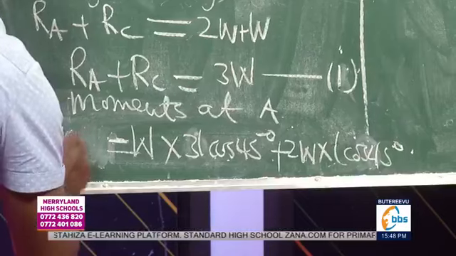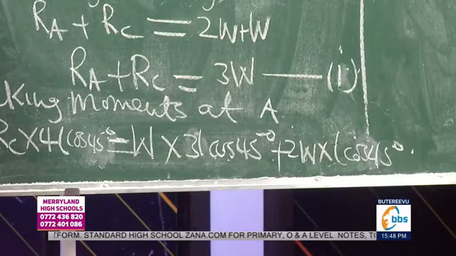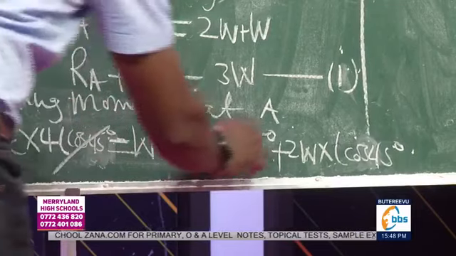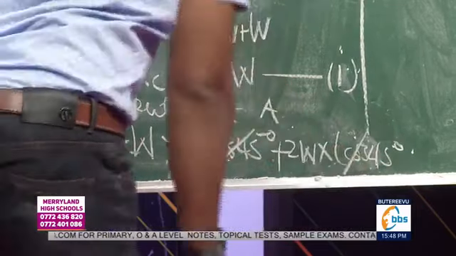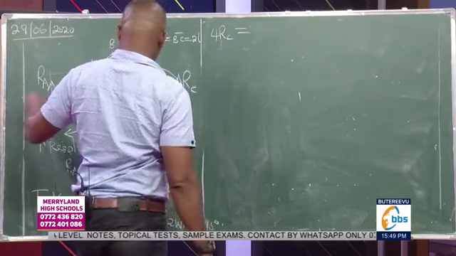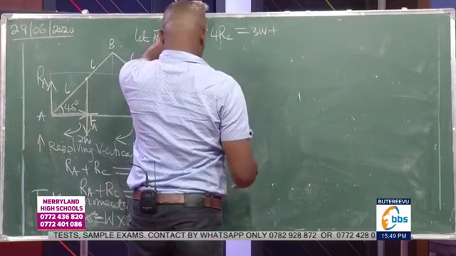You can squeeze it in here. So the cos of 45 will cancel out everywhere: L cos 45, L cos 45, L cos 45, leaving us with 4 RC being equivalent to 3W plus 2W.